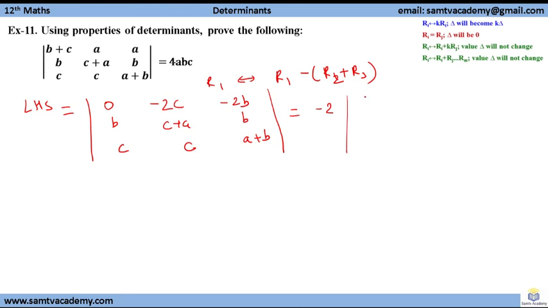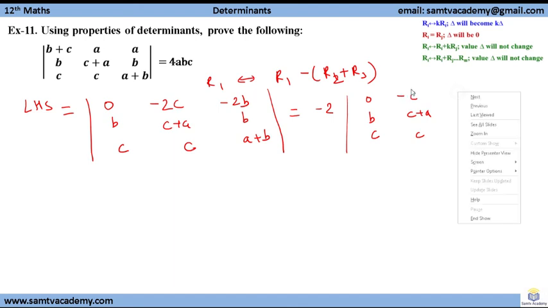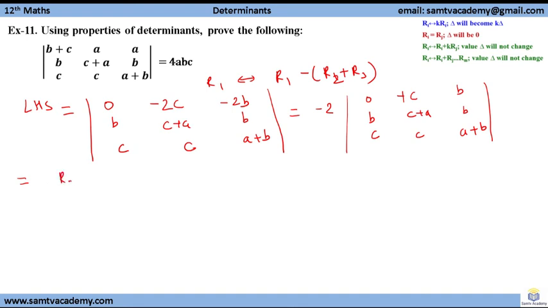So you're left with 0, B, C, minus C, C plus A, C, and minus, as we have taken minus, so it will be plus B, B, A plus B. Now you apply, replace R2 with R2 minus R1 and R3 with R3 minus R1.